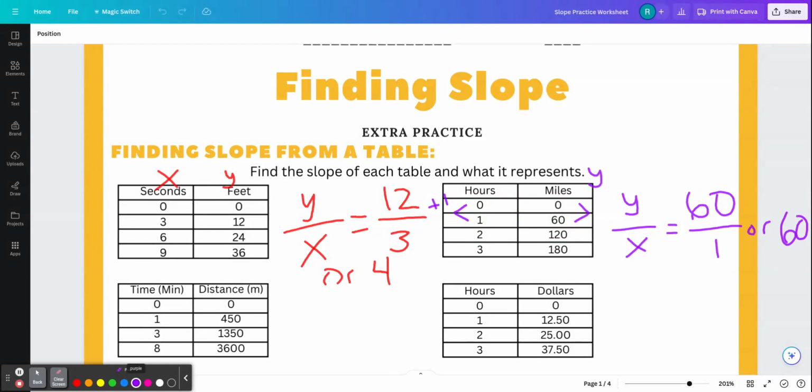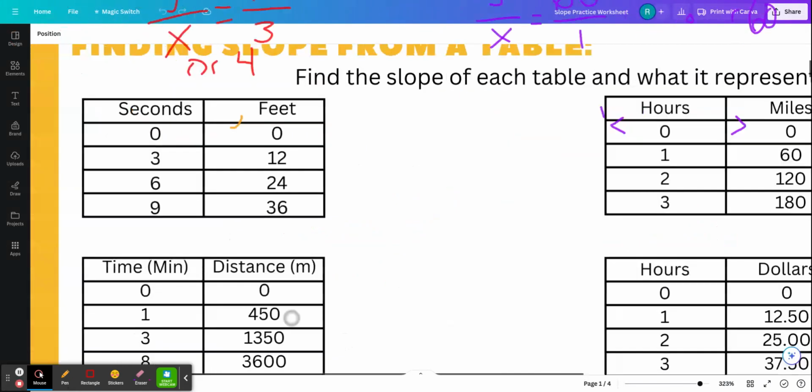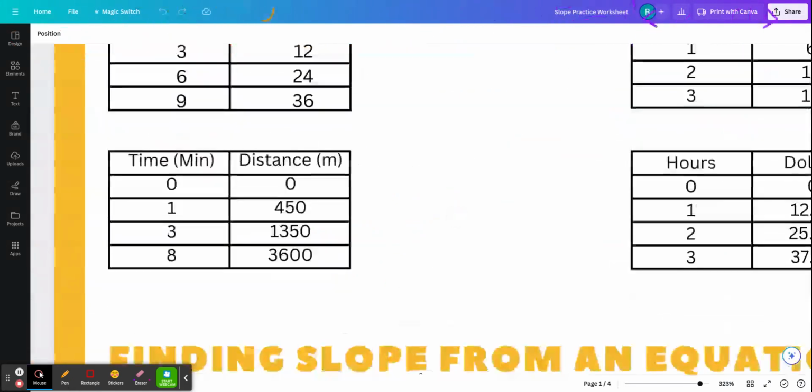Now the third one's a little tricky because it doesn't go up the same every time. So what you can do is just pick two things. So maybe the first two is what you want to do. So 0 to 450 would be up 450. 0 to 1 would be up 1.